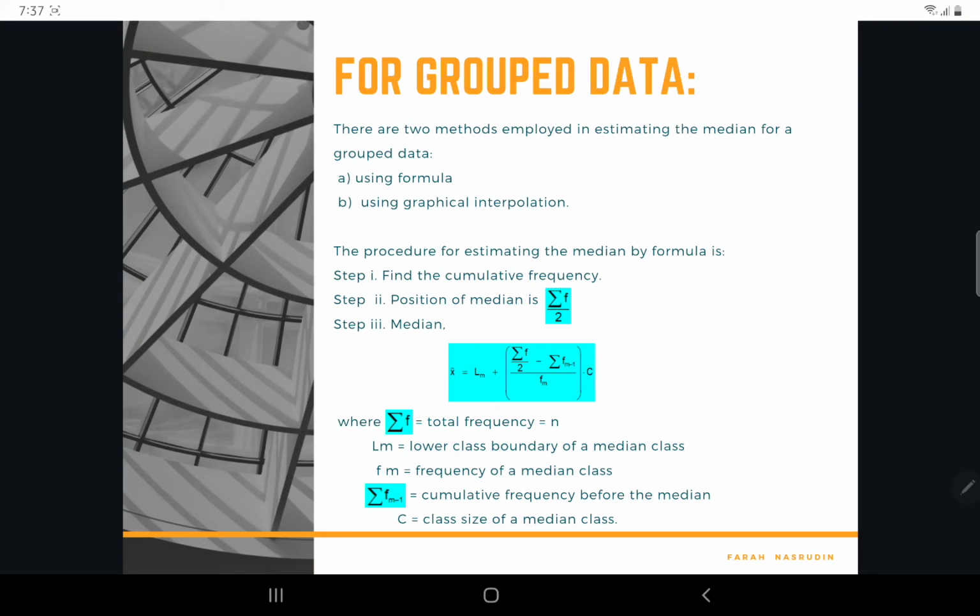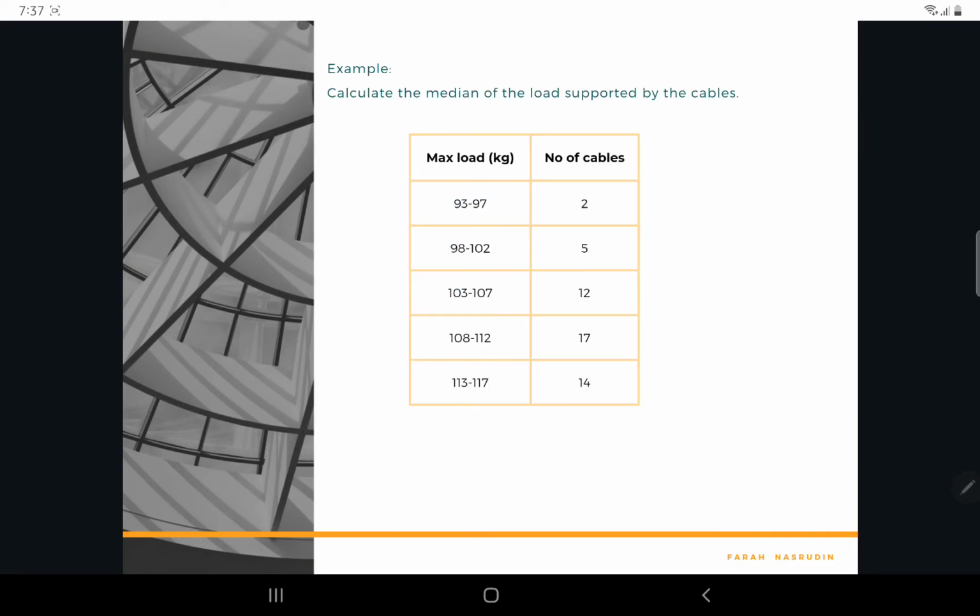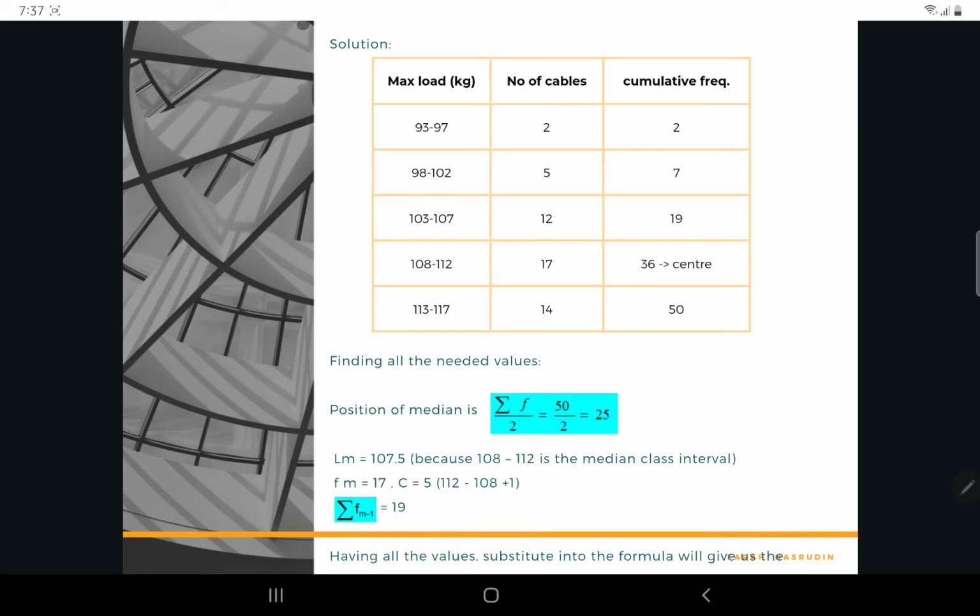Okay, we'll take a look at this example. Okay, we want to find the median. Okay, median for this data. Okay, you are given the maximum load, okay, in terms of interval, meaning that the data is group data, and then this is the frequency. Okay, so we need to add another column, which is for the cumulative frequency.